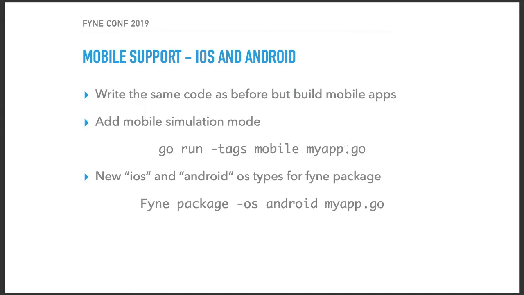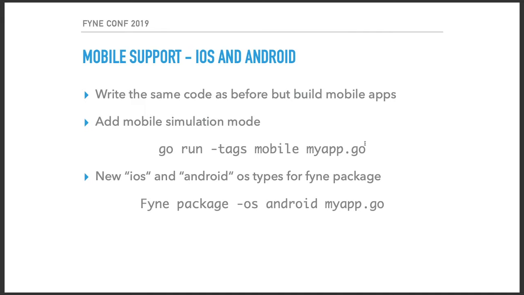Also, we have added iOS and Android operating system types for the Fyne package command. If you've not seen the Fyne package command before, no worries at all. We will be exploring it more later.